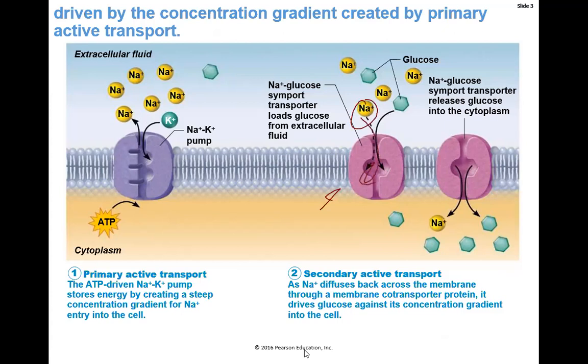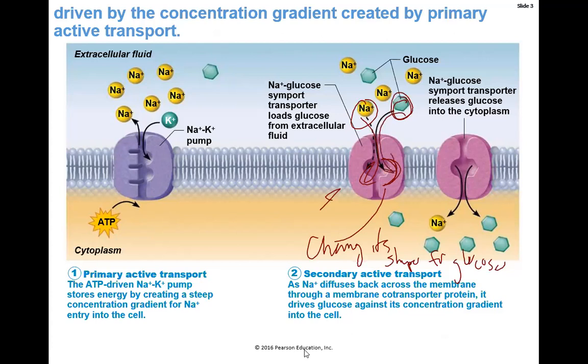Sodium comes in, lands here. This causes this structure here to change its shape for glucose. And that means this glucose molecule right here can come and land in here.